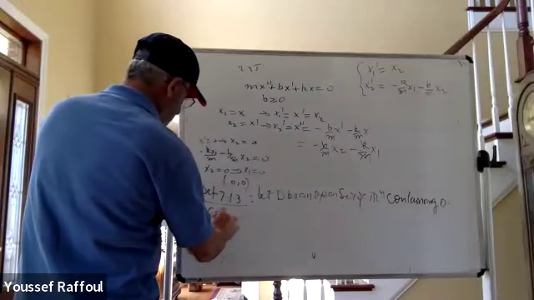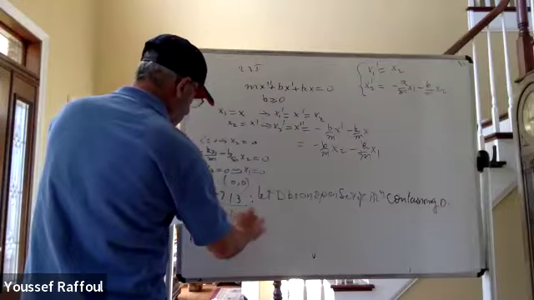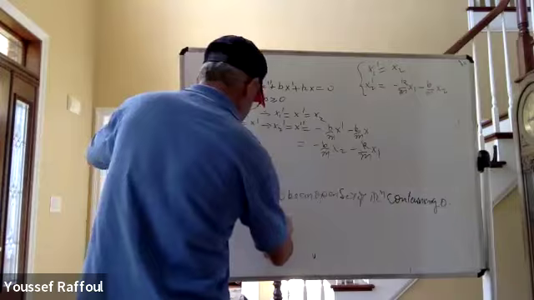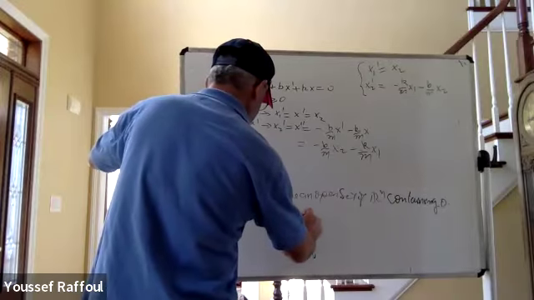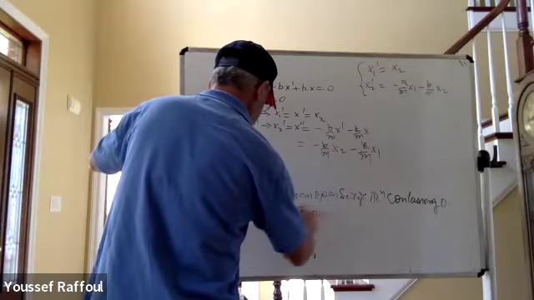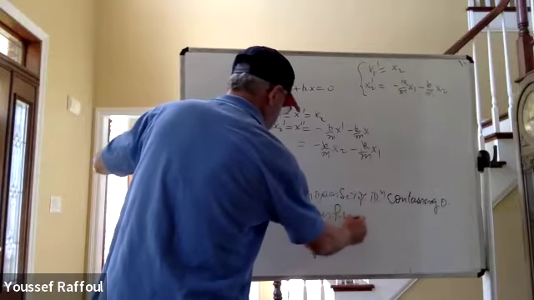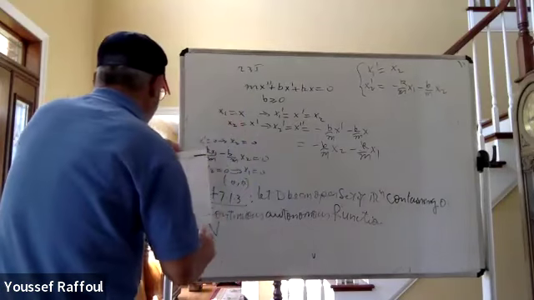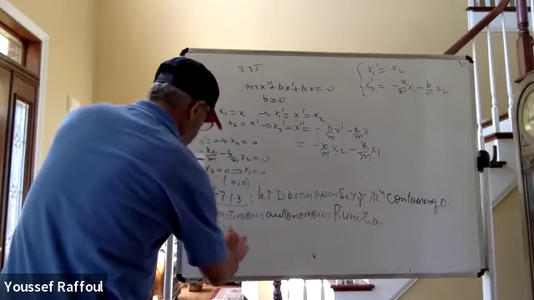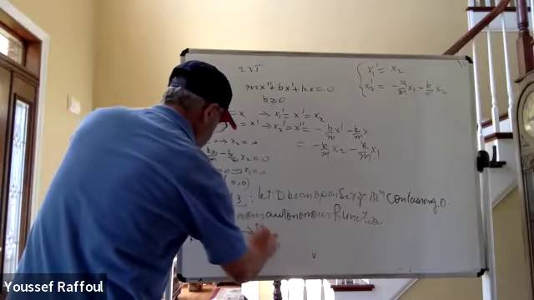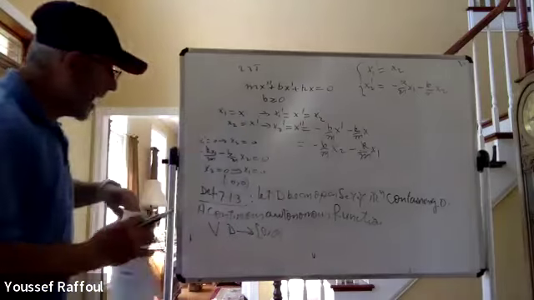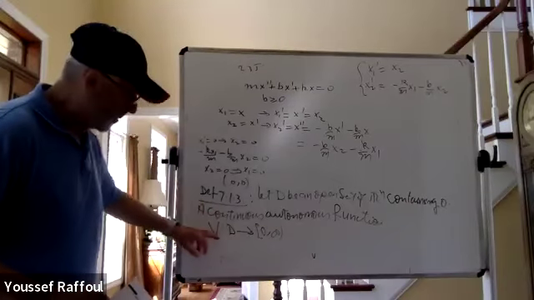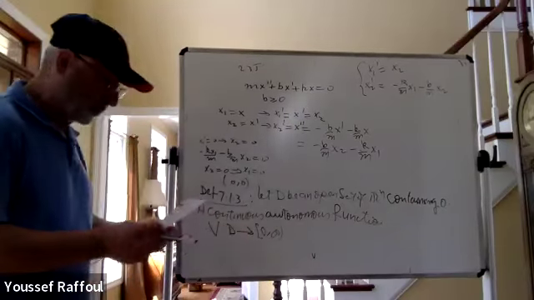A continuous autonomous function V from D into [0, infinity). Look at the range. The range of V is always nonnegative. You see that?